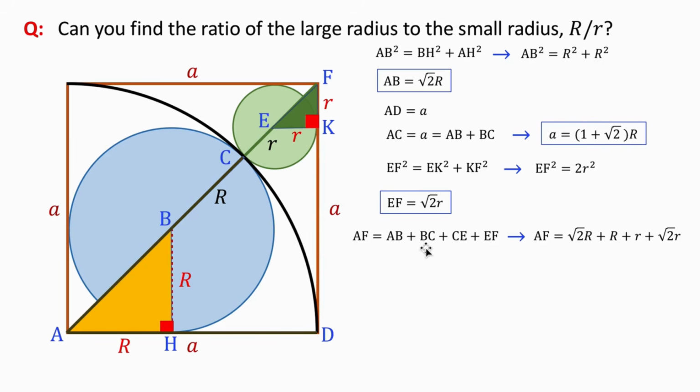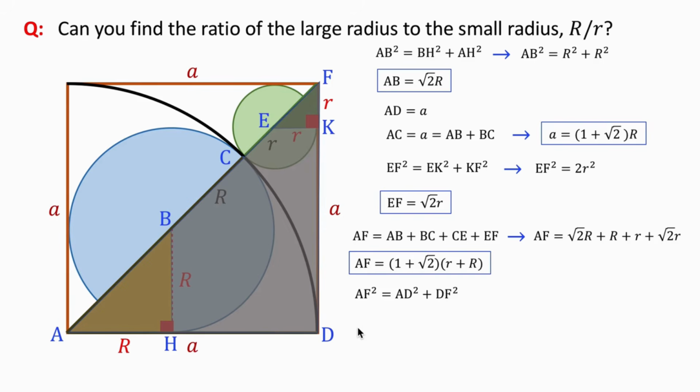And also BC is the radius of the large circle and CE is the radius of the small circle. This gives us AF as this expression. Also, if we find AF using the Pythagorean theorem in terms of a, the length of the square, as this, we get AF equals square root of 2 times a.